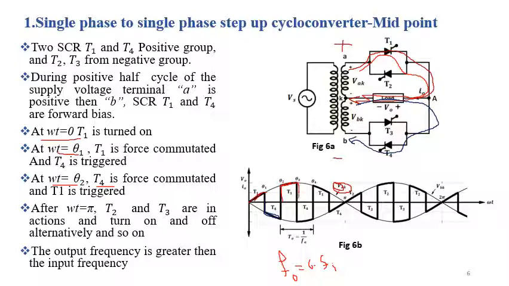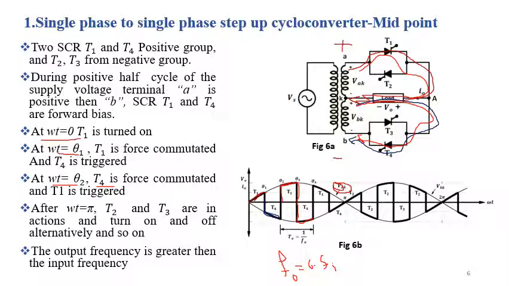Again at omega t equal to theta 3, thyristor T1 is force commutated, and we trigger thyristor T4, and again the load current will flow like this. We are getting the output voltage like this, and so on up to omega t equal to pi.